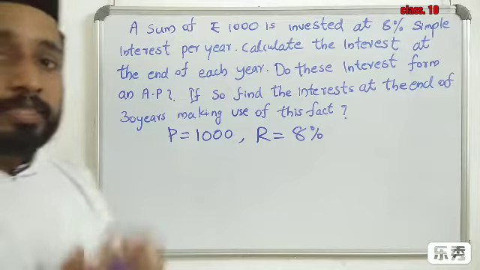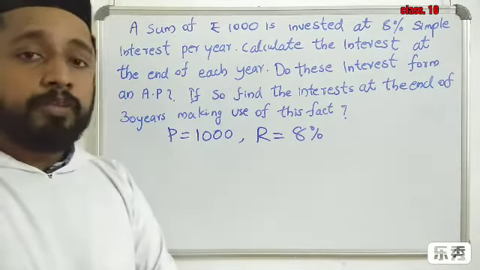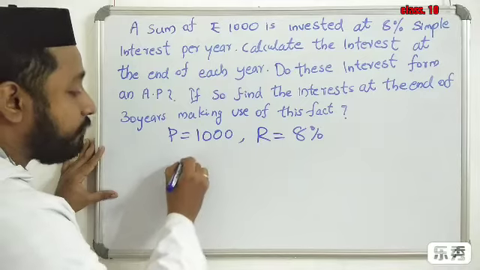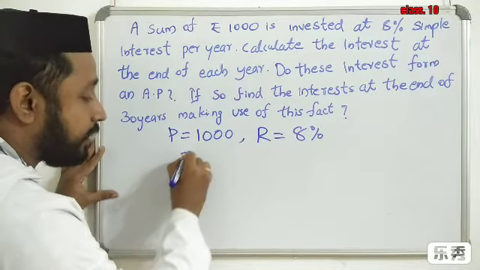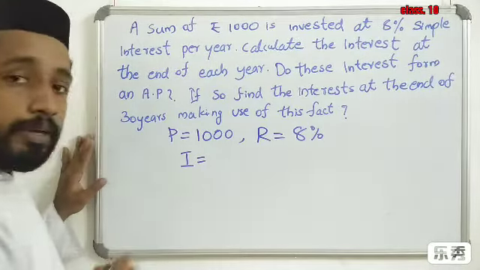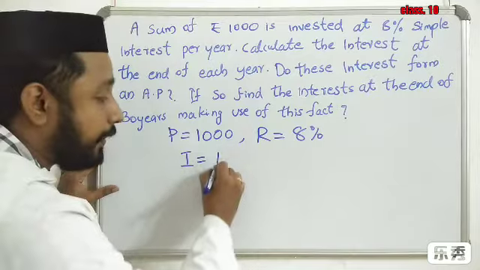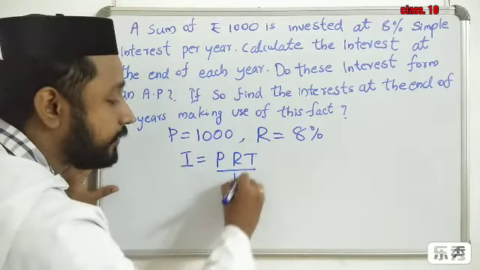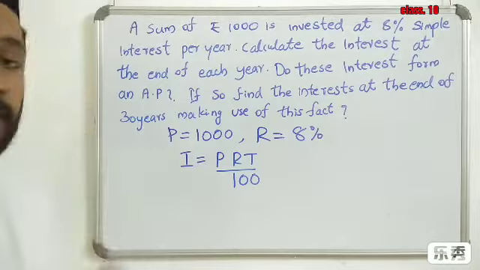First, let us consider the interest after the first year. We have a formula for finding interest: I is equal to PRT by 100.